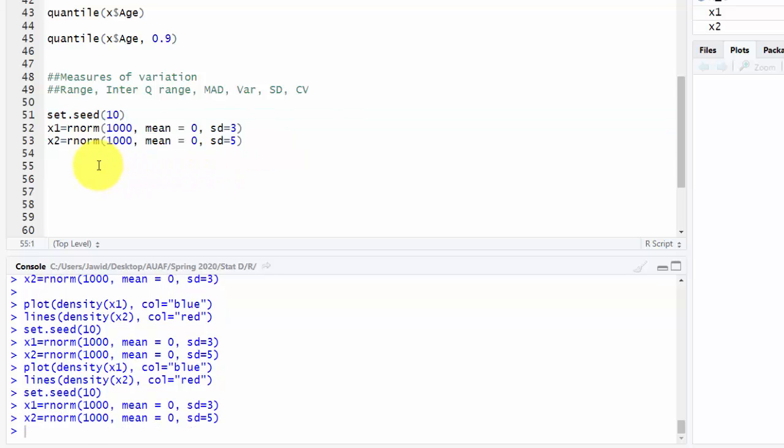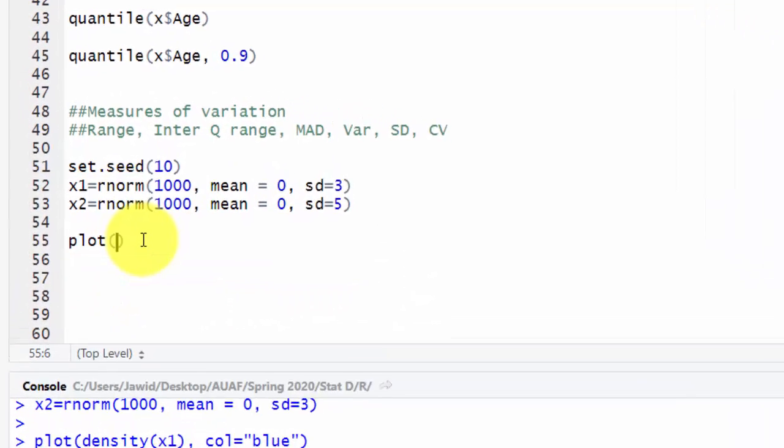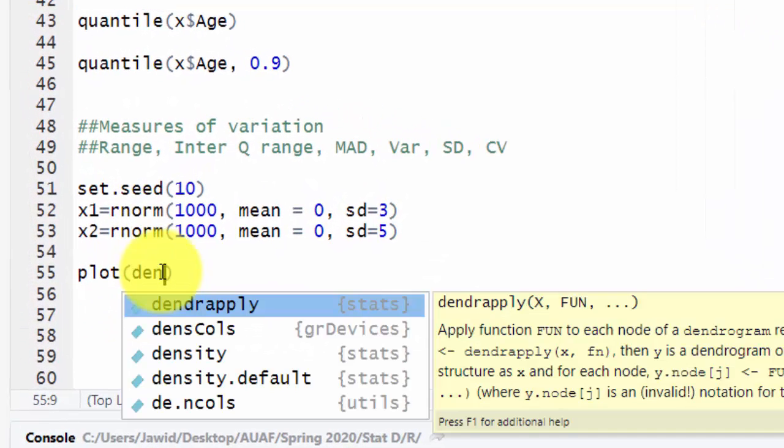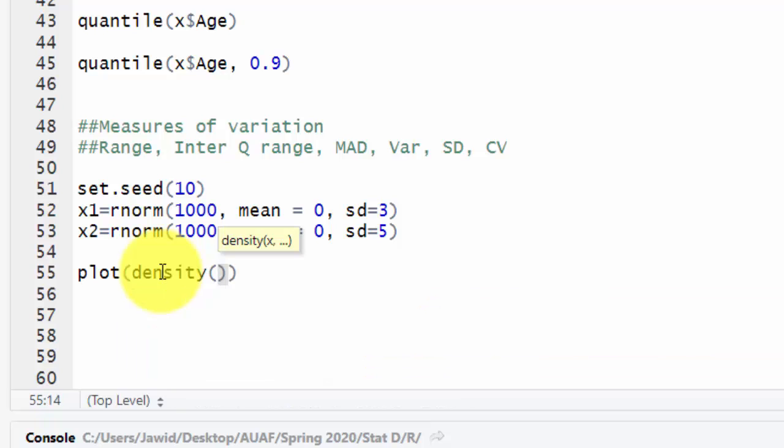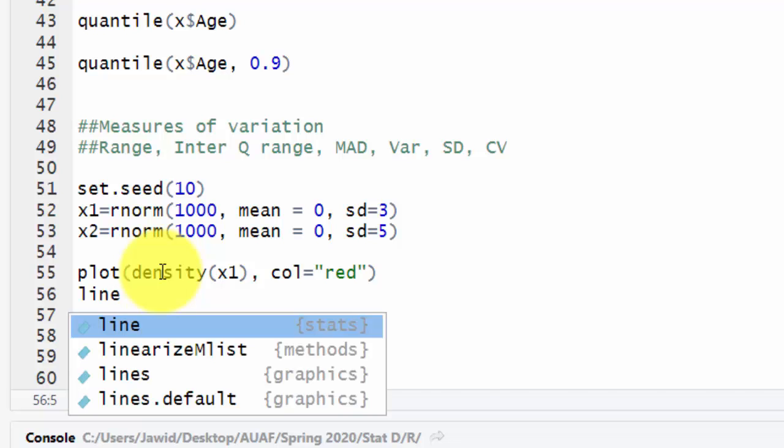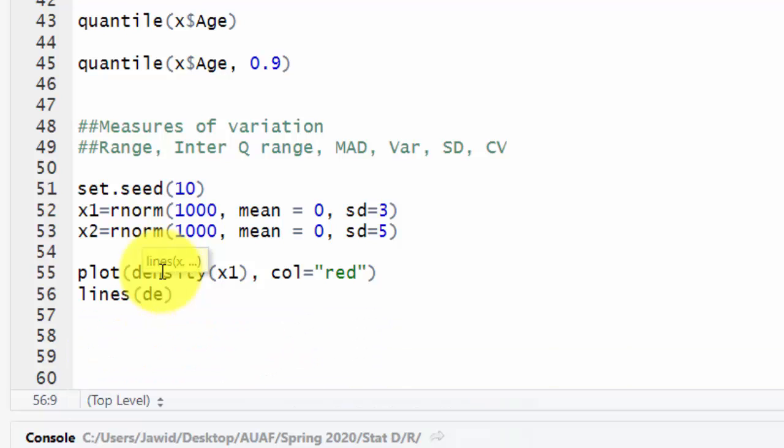Okay, now in order to visualize the amount of variation and to compare the amount of variation between these two variables, I plot the density of x1, and let me use a color for it so that we can easily identify, this is red, and let me add the density plot of the second variable x2, and let me color it blue.